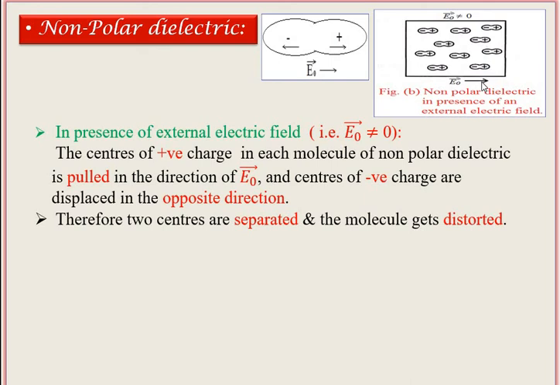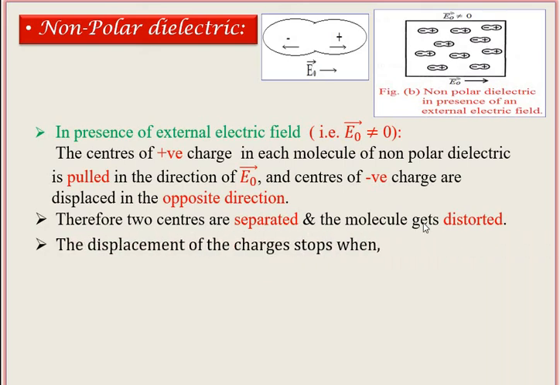See the direction of the arrow, this shows the direction of the external electric field, and the centers of the negative charge are displaced in the opposite direction. Therefore, the two centers are separated and the molecule gets distorted.